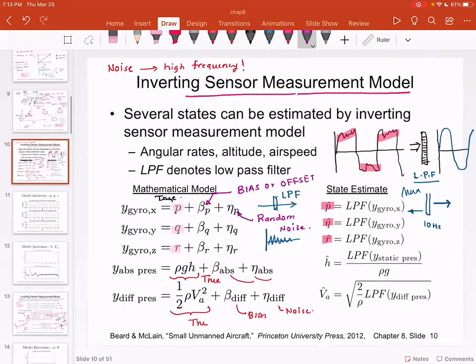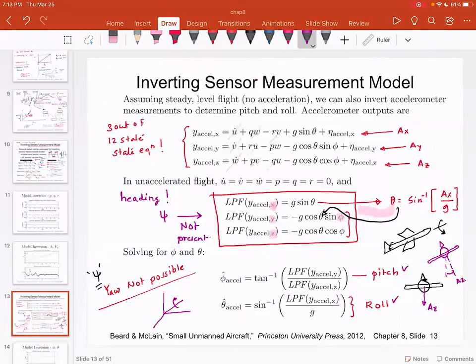But here, it's assuming that you have a triaxial accelerometer, which means you are getting the gravity component in the X direction, in the Y direction, and in the Z direction. And then this is how you will be able to find out the roll and pitch.